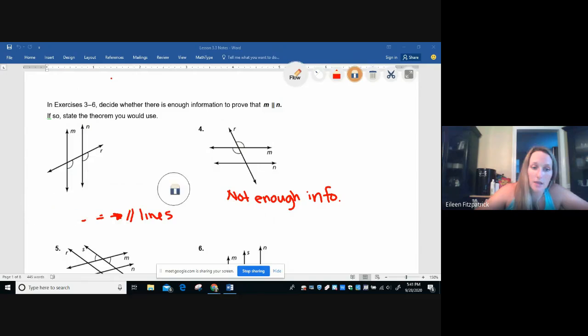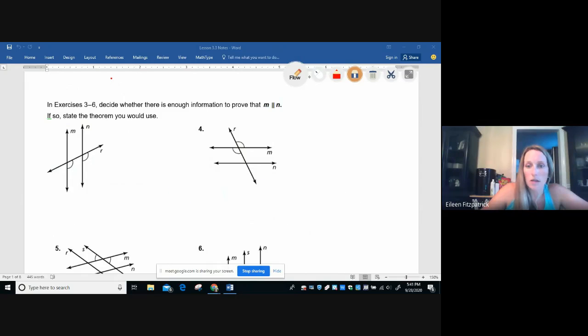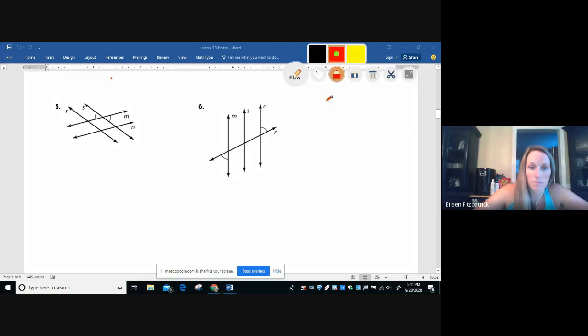All right, let me scroll down so we can do the last two on this page. All right, so again, vertical angles. Do vertical angles imply parallel lines? Nope. I'm just going to say nope, not enough information. What about this example here?